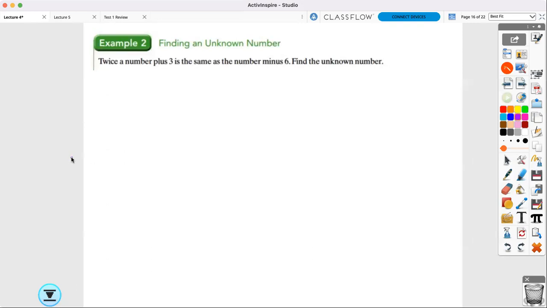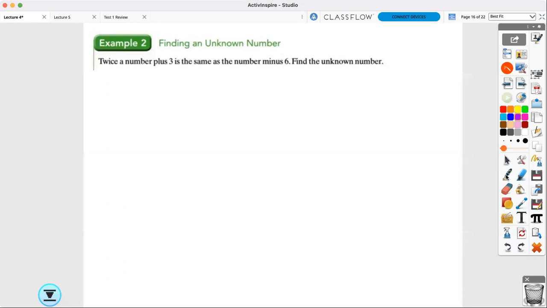All right, so let's look at this example. This is the most basic word problem I could think of: finding an unknown number. The word problem says twice a number plus 3 is the same as the number minus 6. Find the unknown number. So let's look at the word problem again.